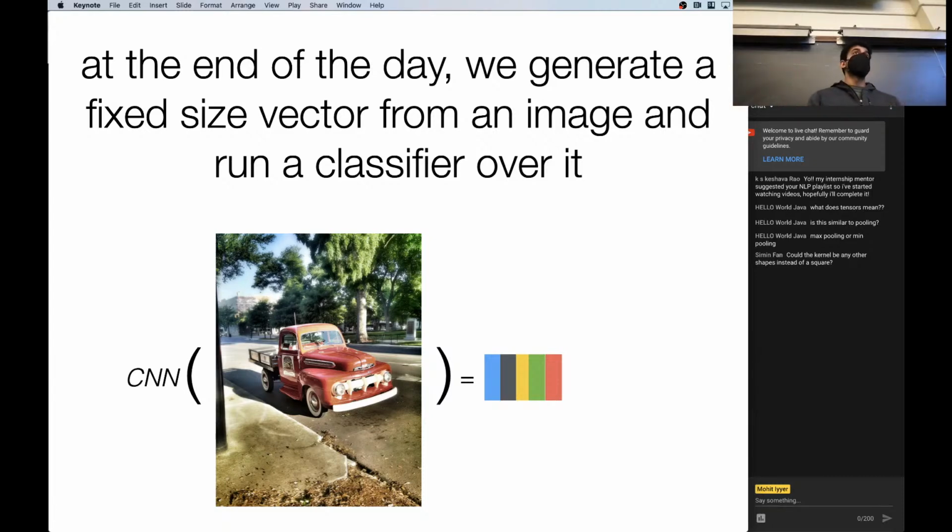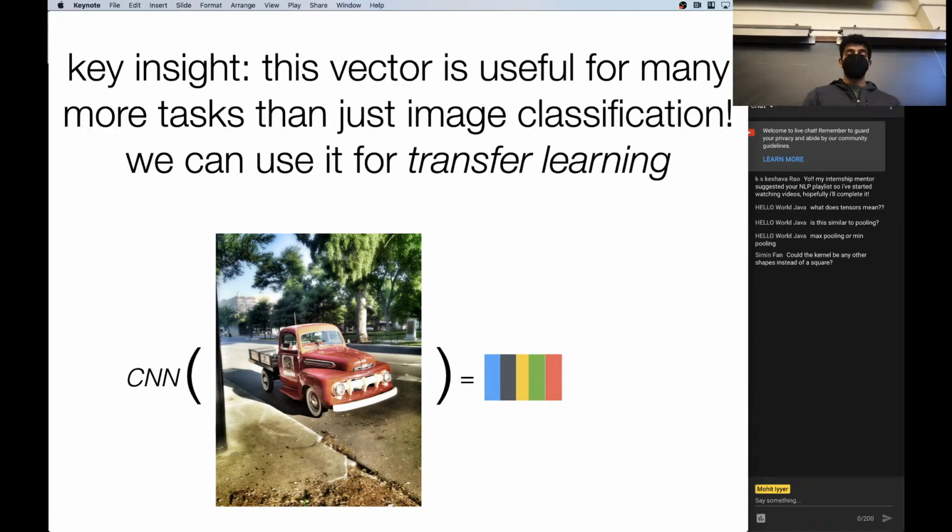Similarly, I can take this image and pass it through a CNN and take one of the final layer vectors as a representation for the entire image, and then put that into whatever downstream model I want to use. So here, given this vector, I might feed this into a softmax layer to predict that there's a truck in this image.